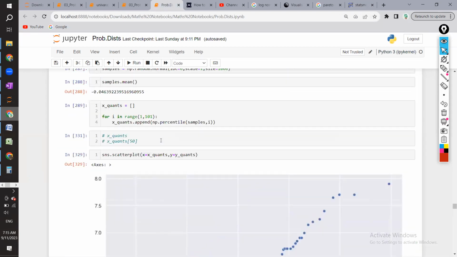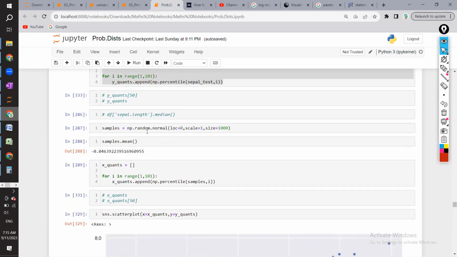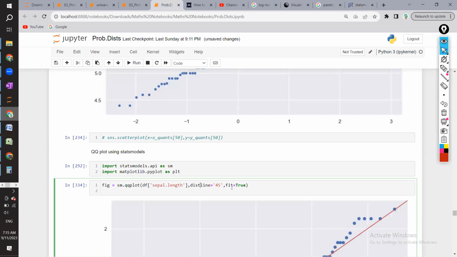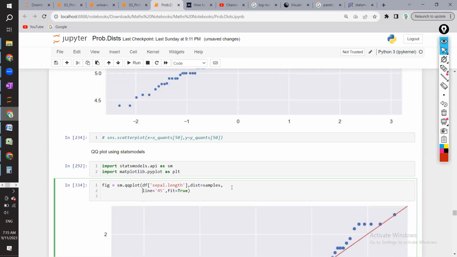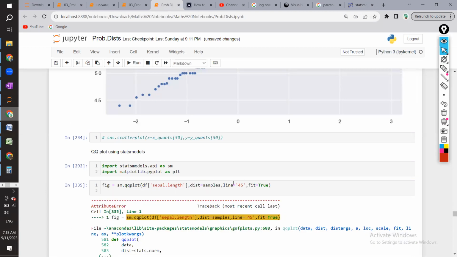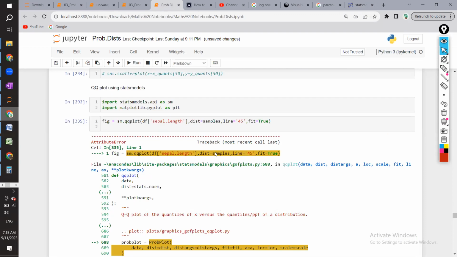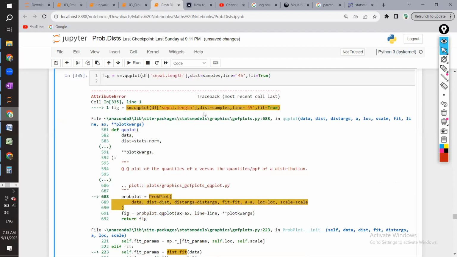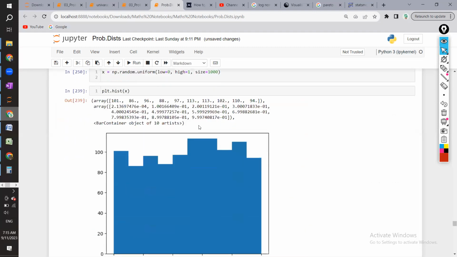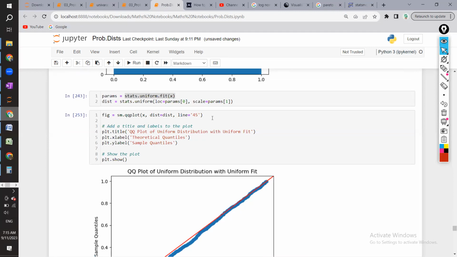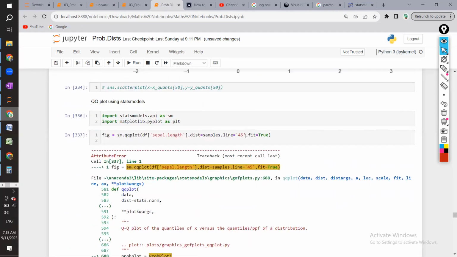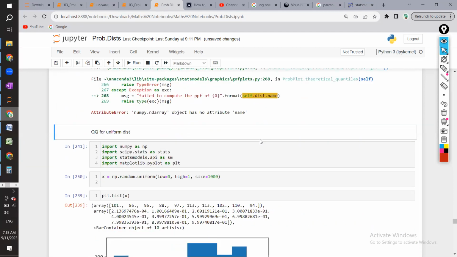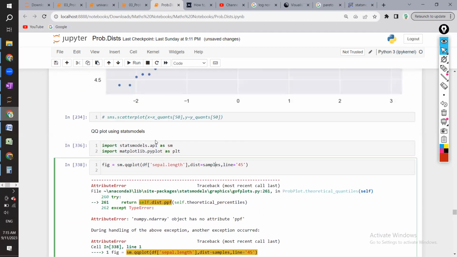But if you want to give a distribution, we have created a normal distribution here, right? This is our samples. So if you want to give it, you can give dist equal to the samples. It says no attribute fit.